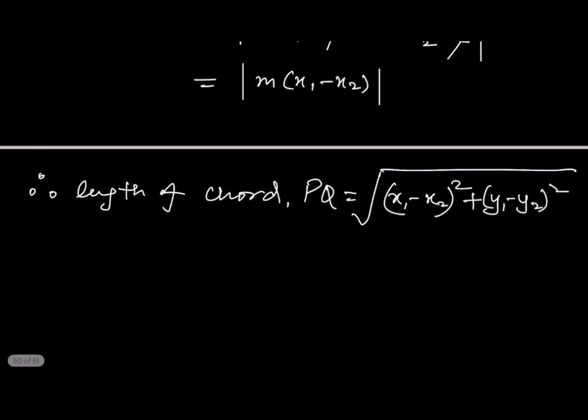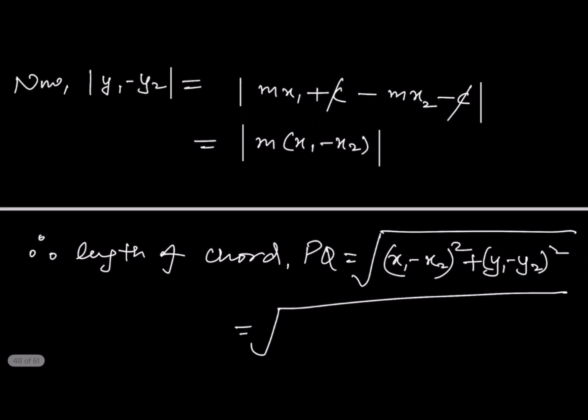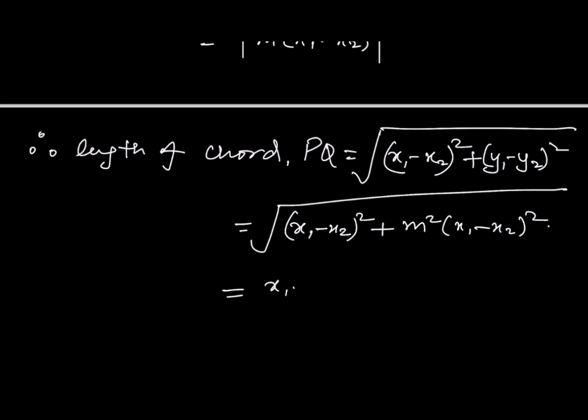So (y1 minus y2) whole square is m square times (x1 minus x2) whole square, which gives mod of x1 minus x2 times root over 1 plus m square.